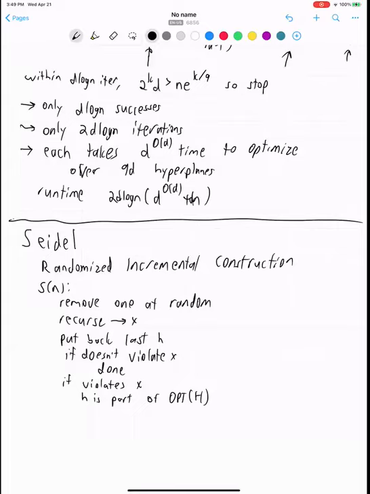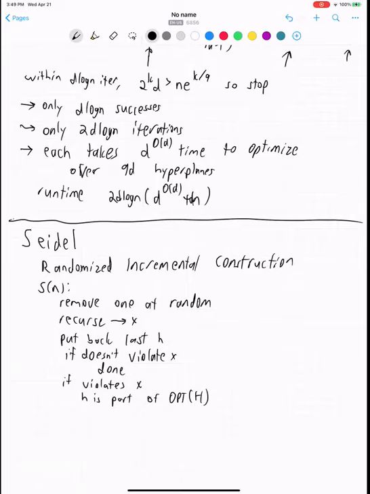So my claim is that if the last hyperplane violates the optimum that I found of everything else, then that last hyperplane is part of the optimum. Okay, and what is the reason for that? Well, if it's not part of the optimum, then the optimum is feasible for it, because that's the definition of the optimum, right?